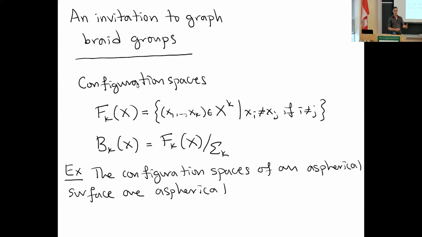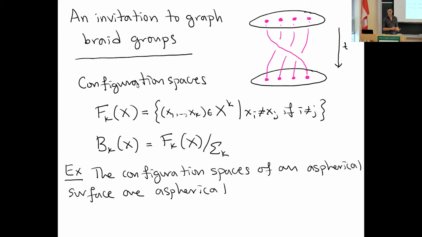If you think about what the fundamental group of a space like this would look like, you very quickly start drawing pictures like this, where time is going from top to bottom. I start with 4 particles in, here, the plane, and they move in time, and the shape that they trace out looks like a braid. And so these groups have been called braid groups in the classical case of the plane, and in the case of the surface, surface braid groups.